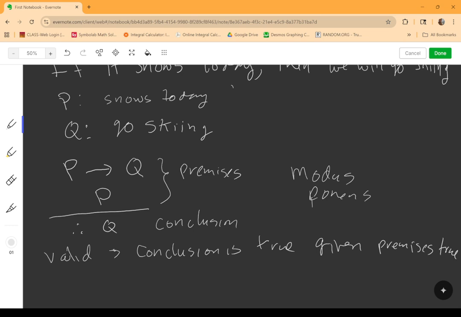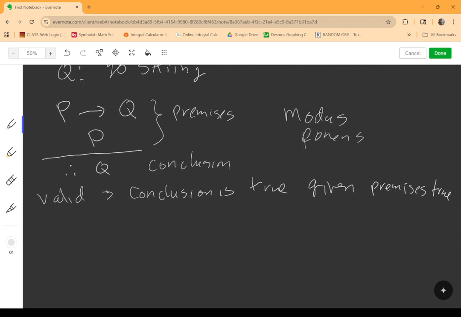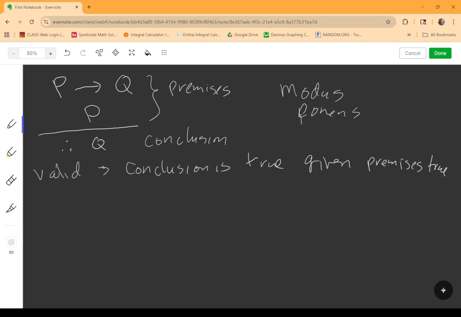Right, so again, the premises true, true, true. If those are true, our conclusion must also be true in order for this to be a valid argument. And we can go through the truth table to see why this is in fact valid.